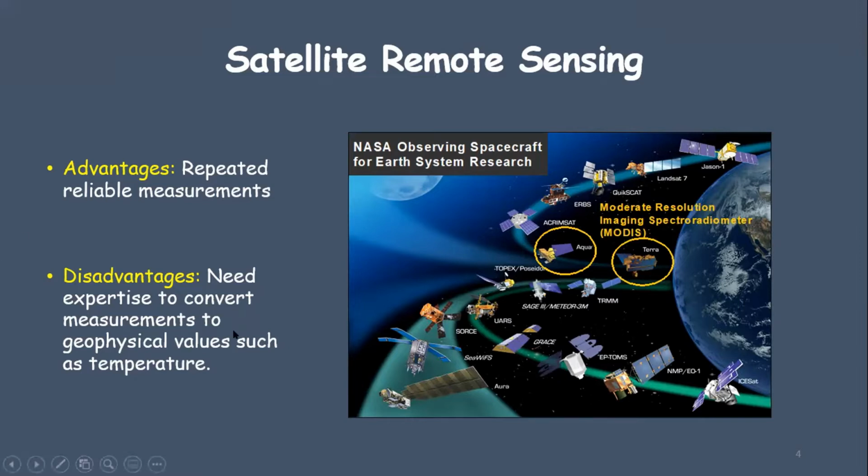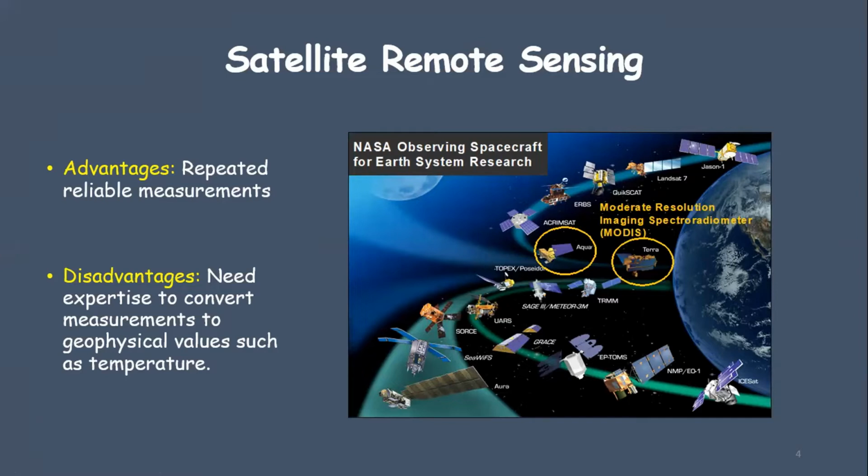The disadvantage of satellite remote sensing is that any information that is captured has to be converted into a geophysical value, such as temperature. Satellite sensors cannot directly capture temperature or any other physical parameters. They just capture the radiation emitted from the Earth's surface.